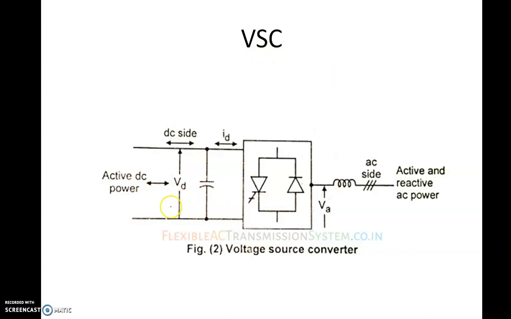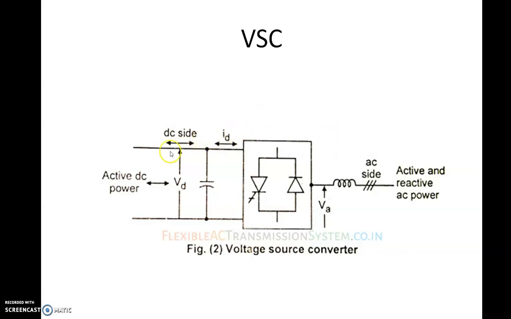In the voltage source converter, the active power is either given to the AC side or it is taken from the AC side. And this give and take of the active power is based on the change in direction of current. Please note this point.